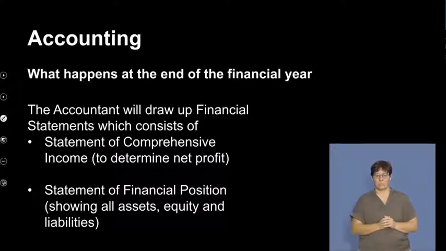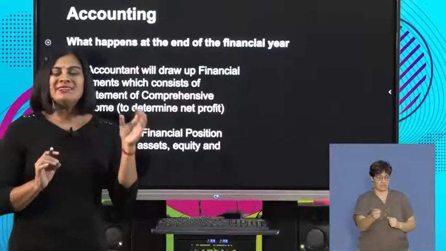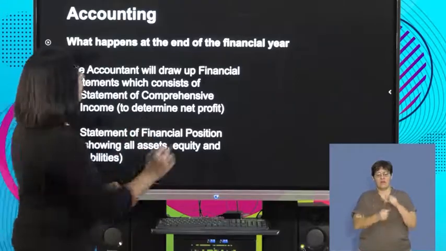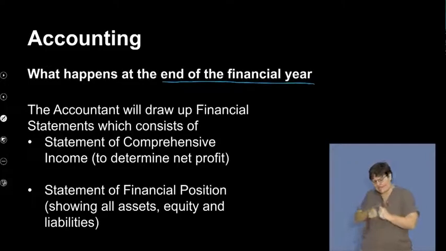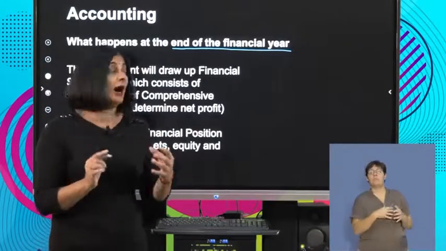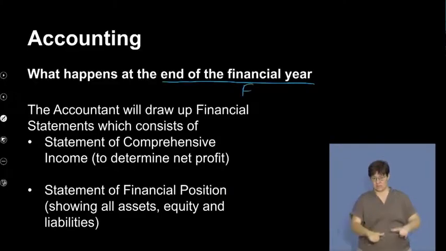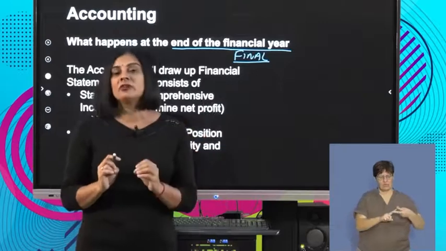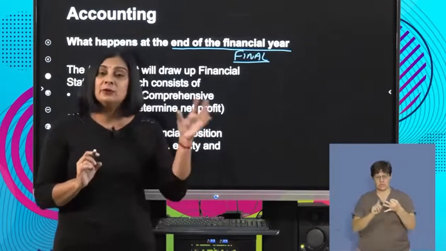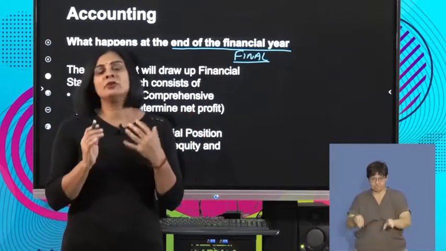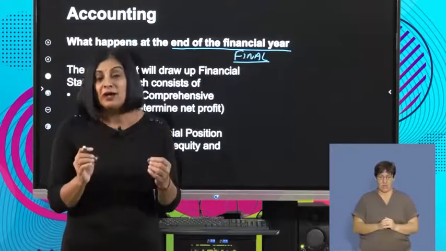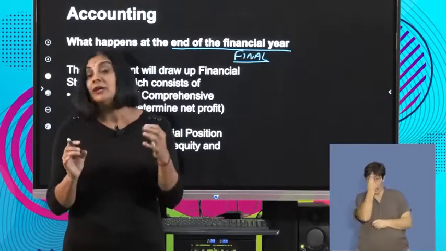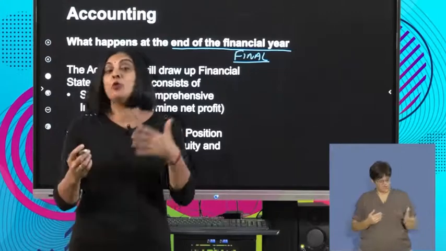Okay, so as accounting students, what happens at the end of a financial year? Now, from an accountant's perspective, we know we draw up final accounts. So in our general ledger, we draw up the trading account, the profit and loss account, as well as the appropriation account. But remember, not everyone understands ledgers, including perhaps the owner or the partners.